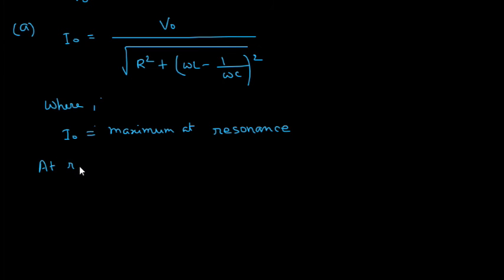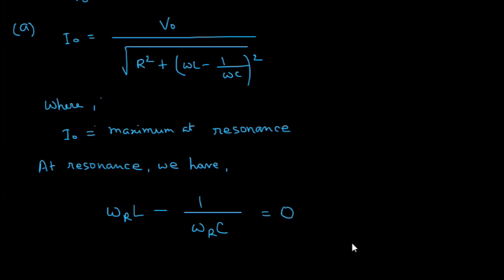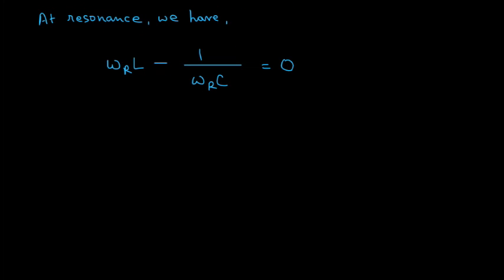At resonance, we have omega R L minus 1 by omega R C equal to 0, where omega R is the resonance angular frequency.